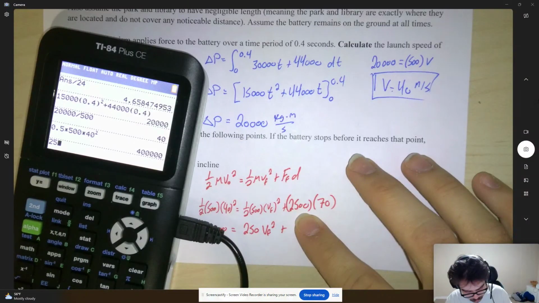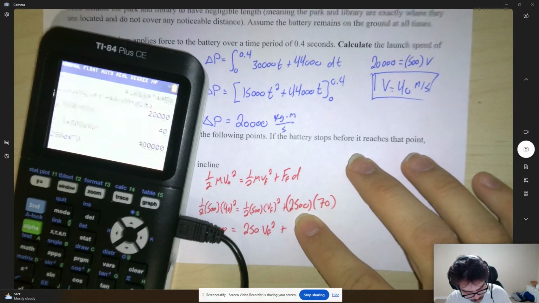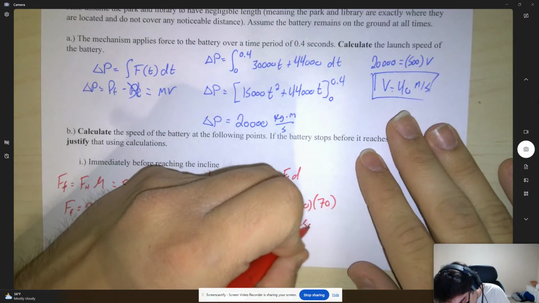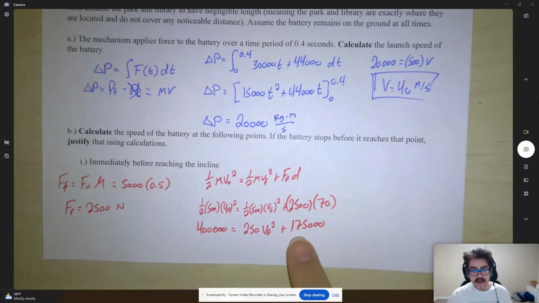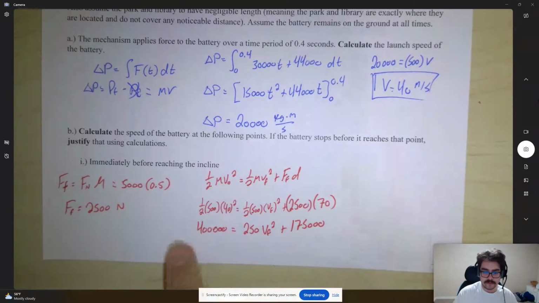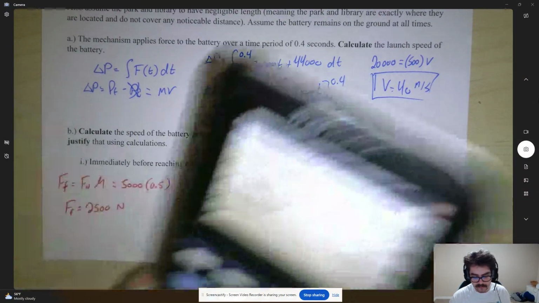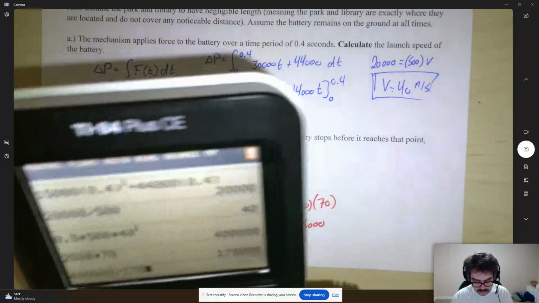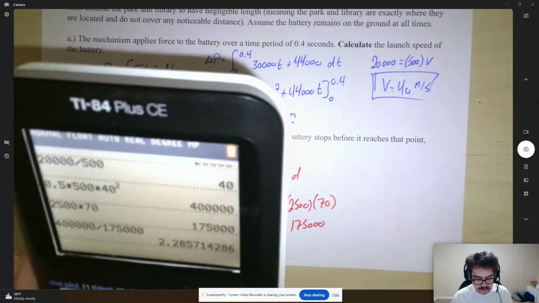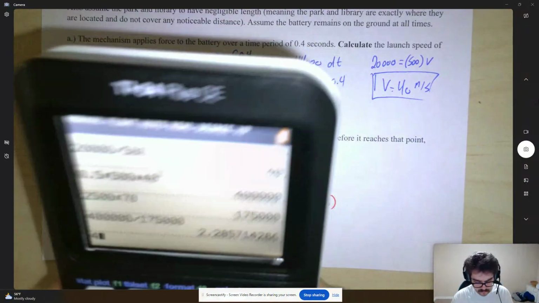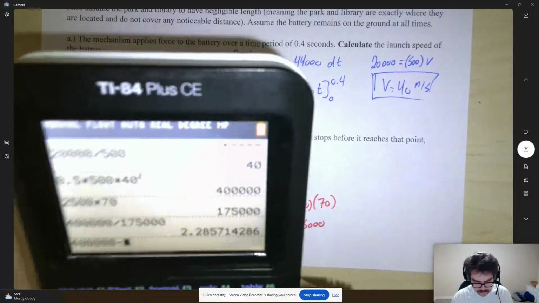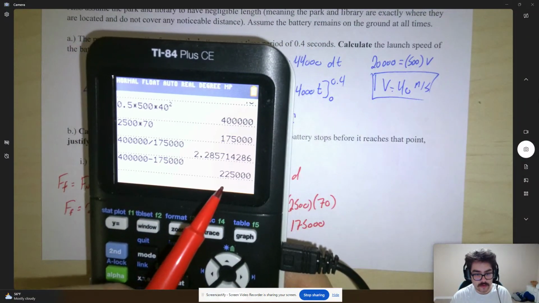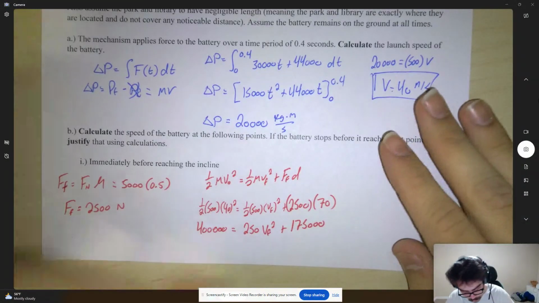Well, it should be: 175,000. I need to subtract this amount of energy that we lose from the initial amount of energy that I had. So 400,000 minus 175,000, sorry, it should be subtract, not divide, and I get 225,000.